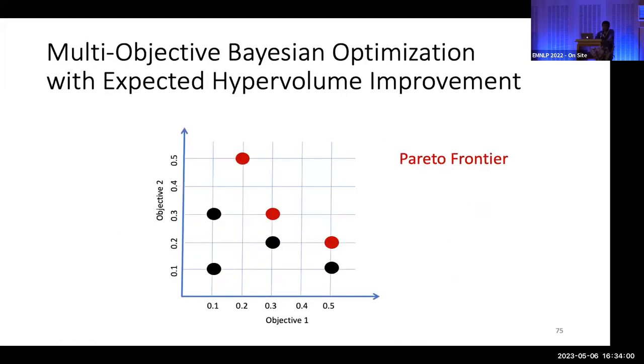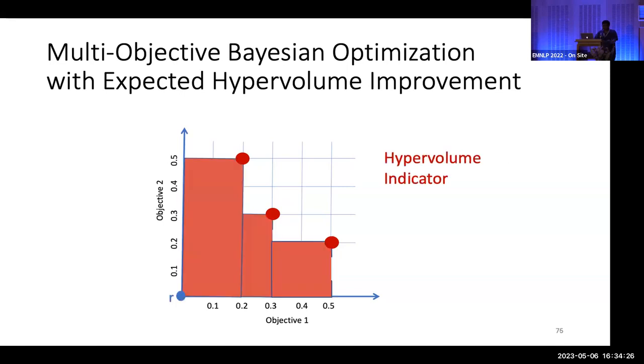I'll give another example. Say you want to do Bayesian optimization. How do you incorporate multiple objectives in it? Recall when we talked about Bayesian optimization, you have this function that tries to predict, given your search space, what's the predicted accuracy. And now you want to predict the predicted accuracy times speed, in the Pareto sense.